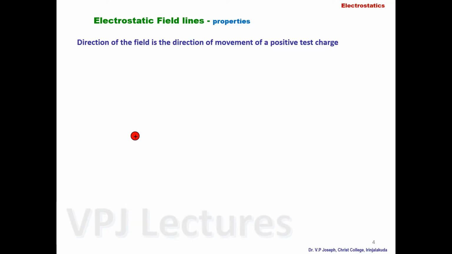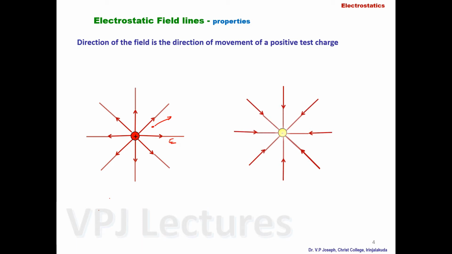In the present case, if you place a positive charge here, it moves away. So for the positive charge, the electric field has arrows moving away from the center, and for the negative charge, the field lines move towards the negative charge, like this.